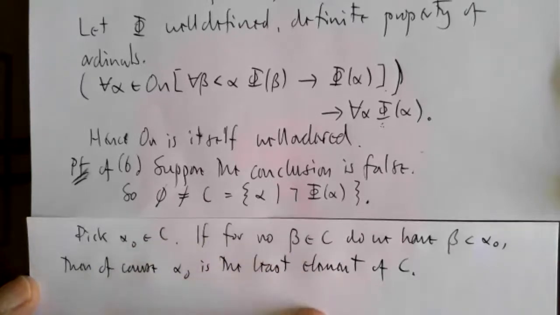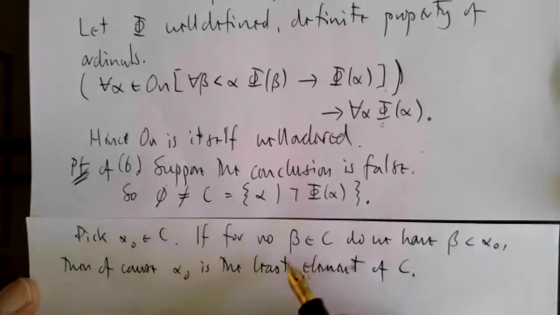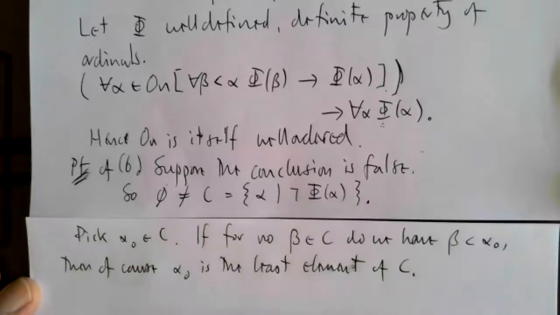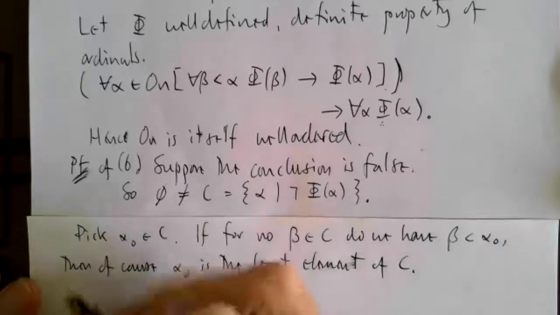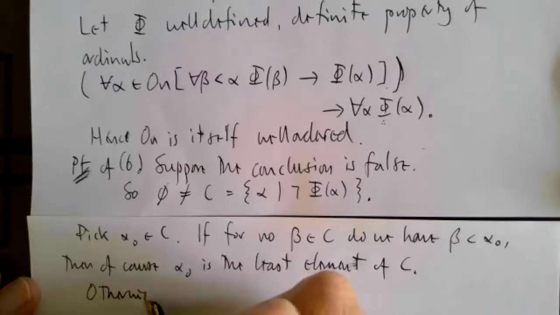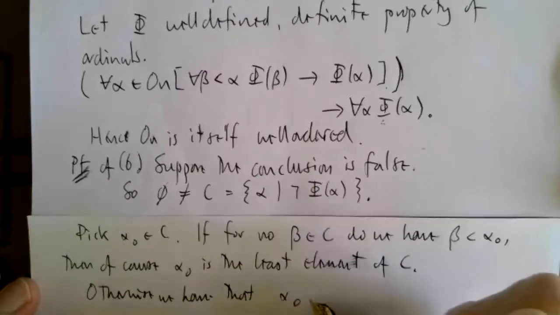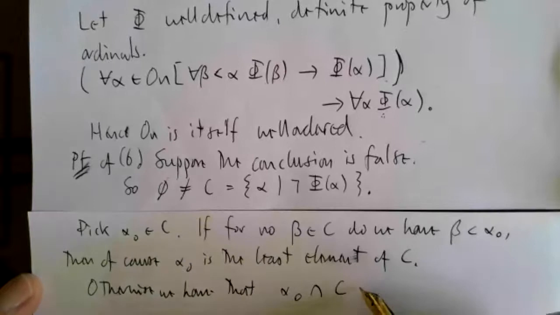Okay, but maybe this isn't the case. So if this didn't happen, then there are elements beta in C which are less than alpha 0. As less than is the same as membership, we have that alpha 0 intersect C is non-empty. The alpha 0 we picked has non-empty intersection with C.